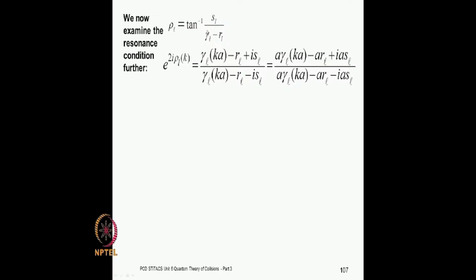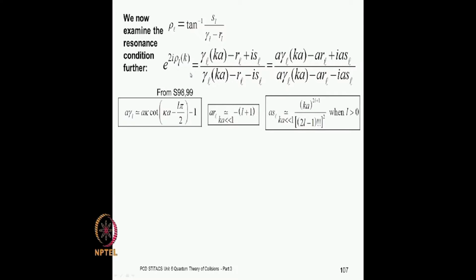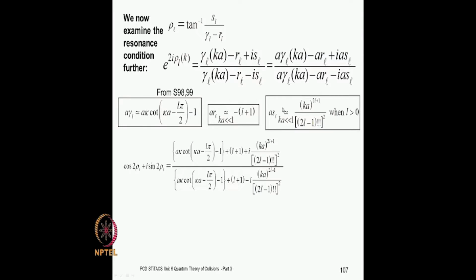And then gamma in this is the logarithmic derivative of the wave function at the boundary of the potential. So we had expressed it in terms of this R and S, and here I have multiplied and divided by A, both the denominator and the numerator. So this is the residual part of the phase shift, and we have the expressions for these terms already.